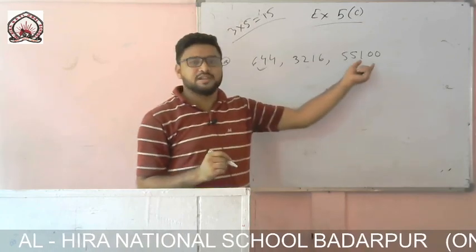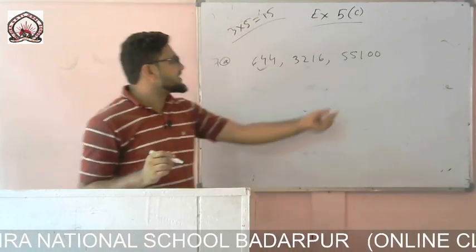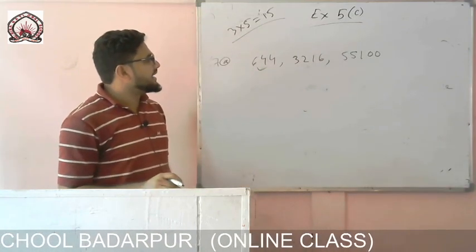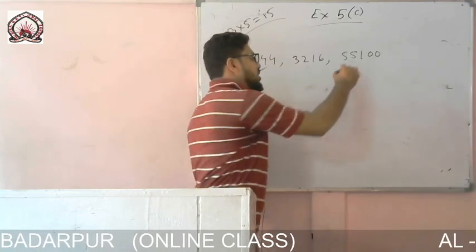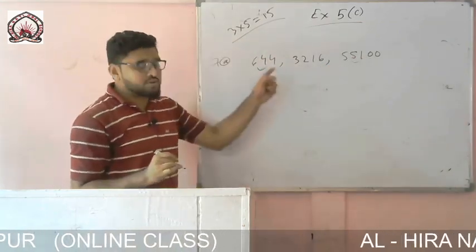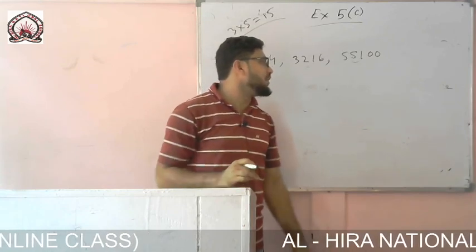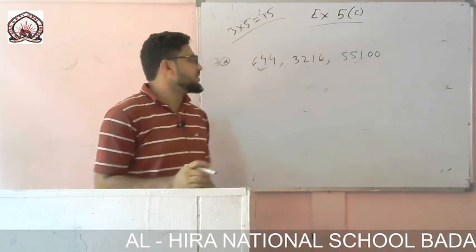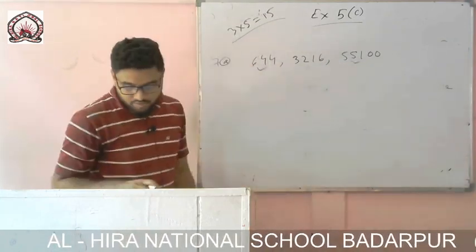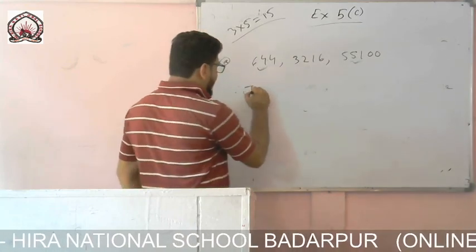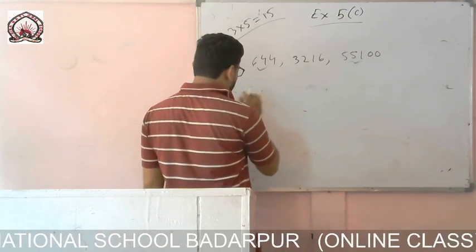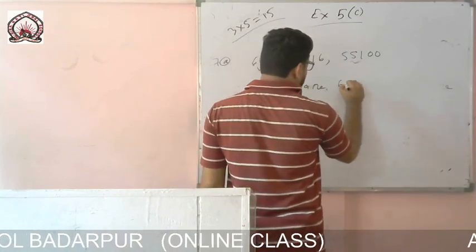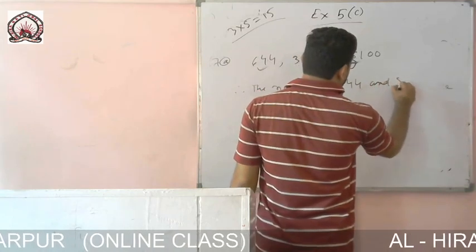And the last one, 55100, is divisible by 4 and not divisible by 8, so we take that one. So the numbers are 644 and 55100.